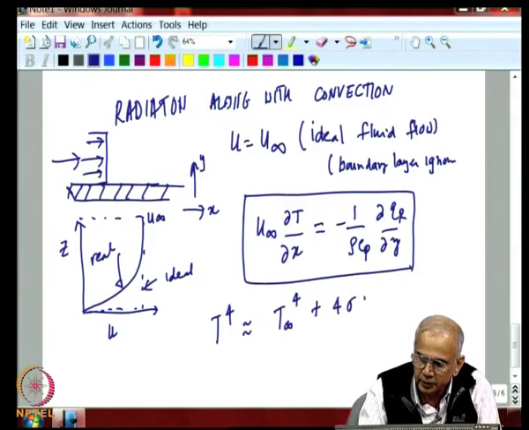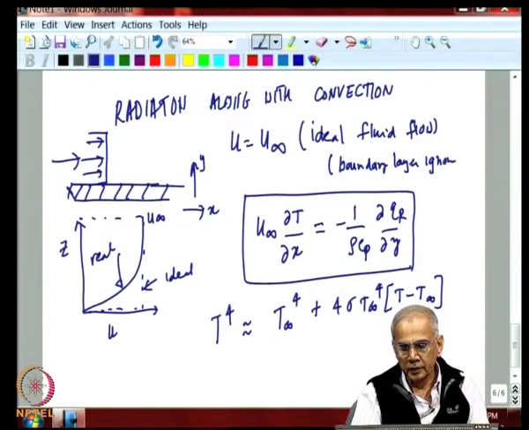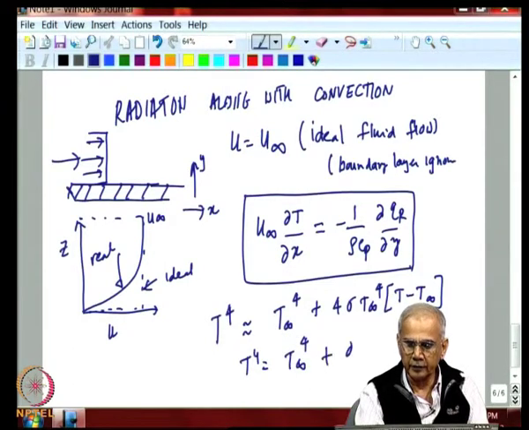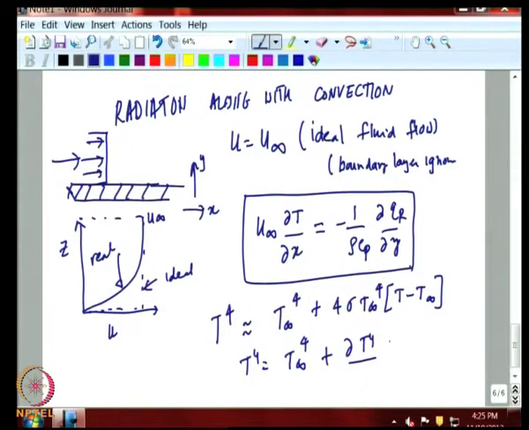This is essentially a simple expansion of T to the power of 4 around T infinity to the power of 4, that is all it is. The simple Taylor series expansion. Essentially, you are saying T to the power of 4 is the wall value, and the derivative of T to the power of 4 gives a term like 4 sigma T cube into T minus T infinity. Okay. So, the simple way of Taylor expansion of T to the power of 4.